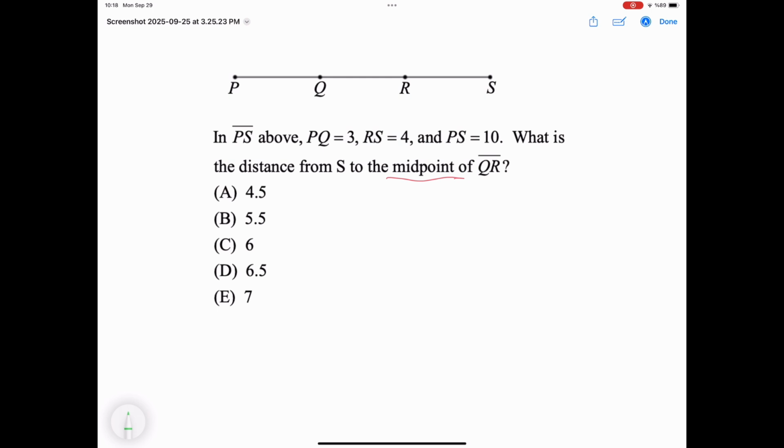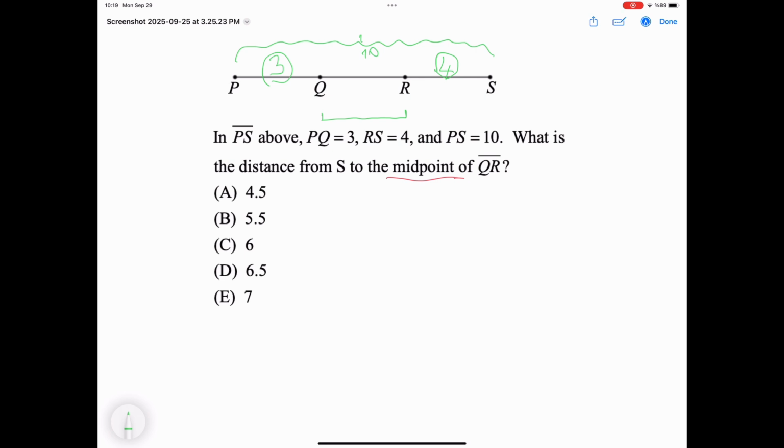So PQ is 3, RS 4, and PS, which is like here, is 10. So what is QR? We need the midpoint of QR. So QR in total is this area. We have 3 here, 4 here. In total it is 7.